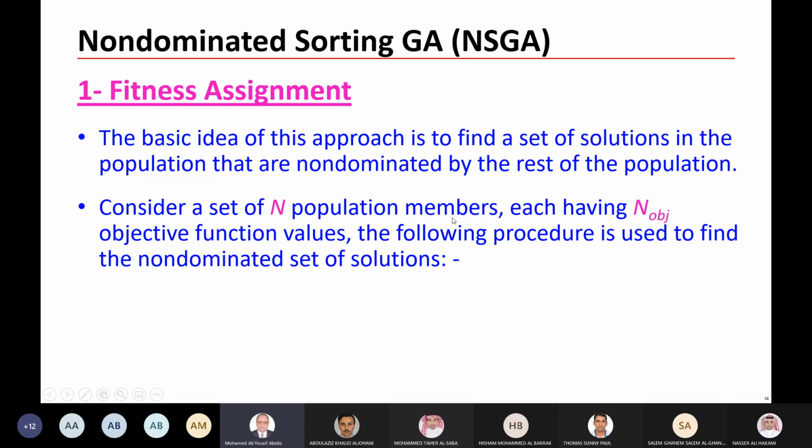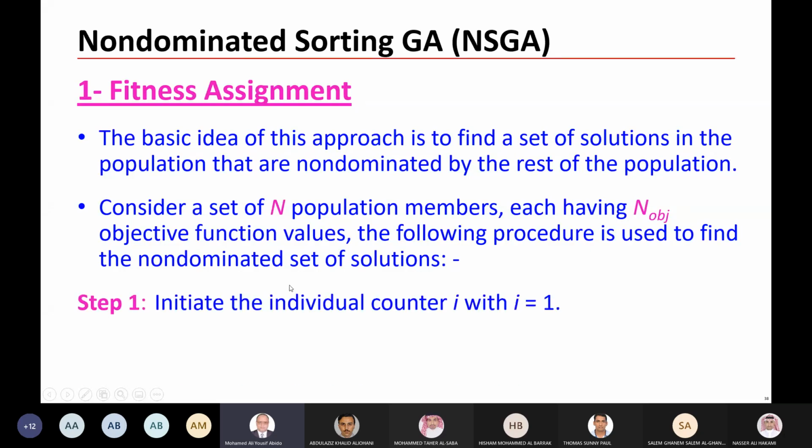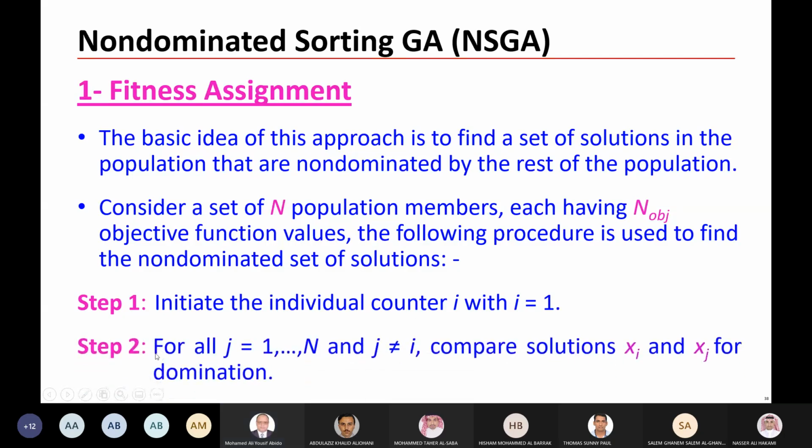Consider a set of n population members, each having an objective value. The following procedure is used to find the non-dominated set of solutions. Initiate the individual counter. For all solutions xi, compare xi and xj.